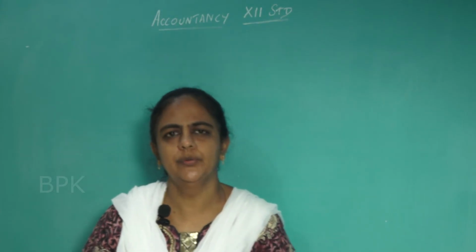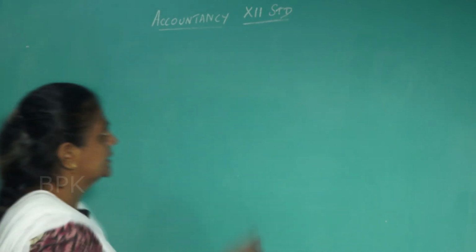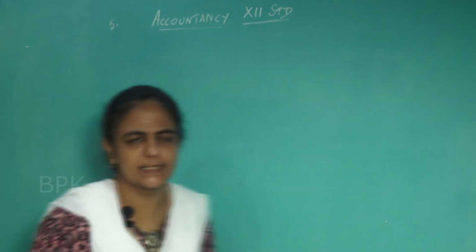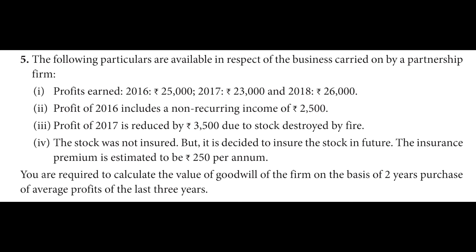Next, we'll move to question number 5, page number 134. I'll read the question, understand the question, then we'll go to the sums. The following particulars are available in respect of the business carried on by a partnership firm. Profits earned: 2016, 25,000; 2017, 23,000; 2018, 26,000.